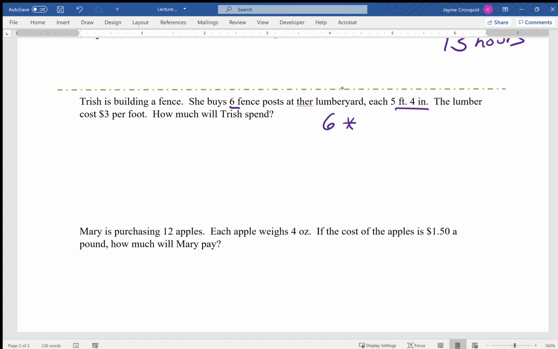So 4 inches is going to equal 1/3 of a foot, right? Because a foot is 12. So that's 0.333. So 5.333 times 6.